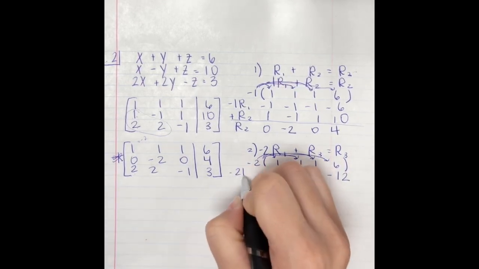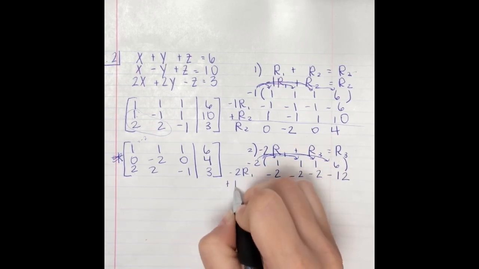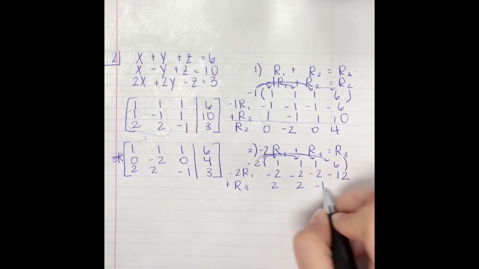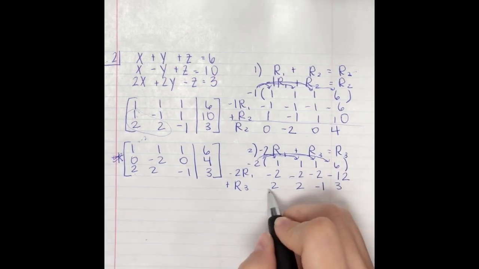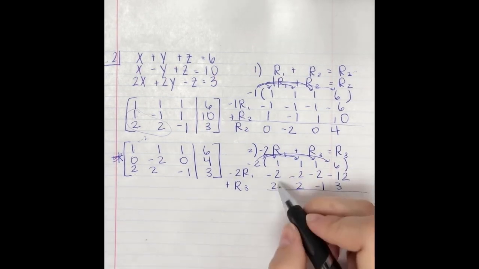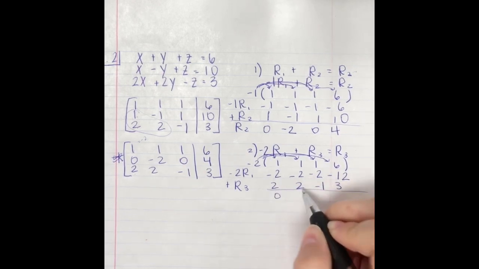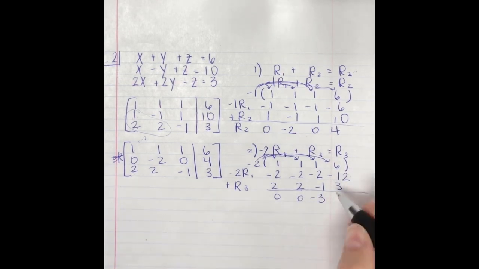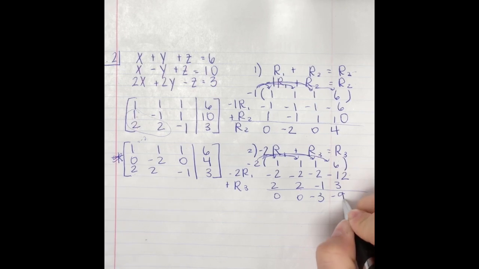So this is -2 times my row 1, and we want to add it to our row 3, which is 2, 2, -1, and 3. Okay, so -2 and 2 is 0, -2 and 2 is 0, -2 and a -1 is a -3, and -12 and a +3 gives us a -9.